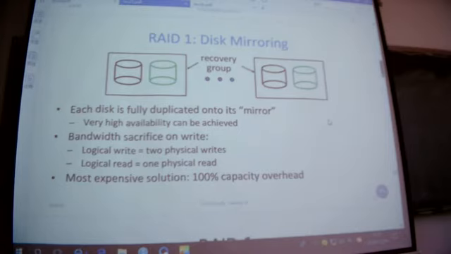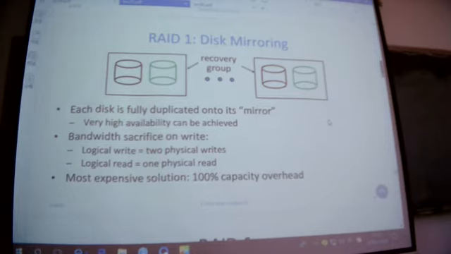So duplication is a very useful strategy. Bandwidth is sacrificed on write: a logical write equals 2 physical writes, while a logical read equals 1 physical read. The most expensive solution is 100% capacity overhead.